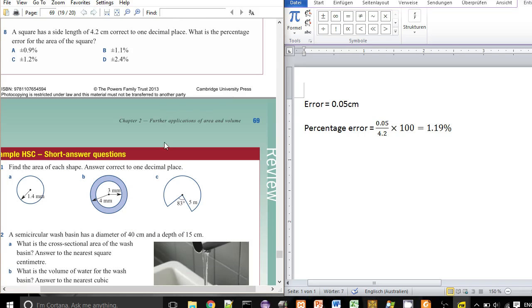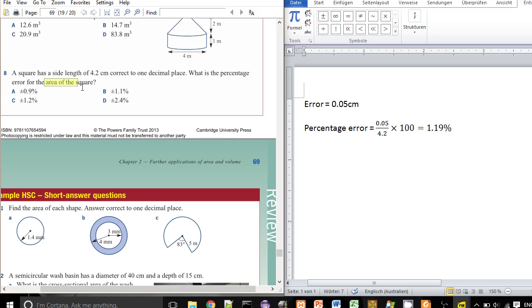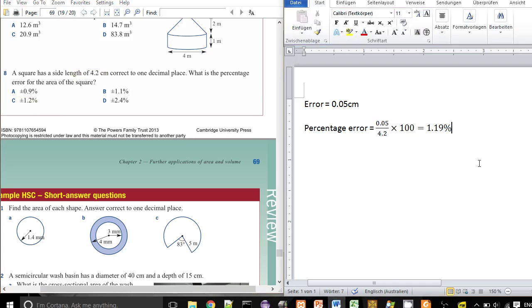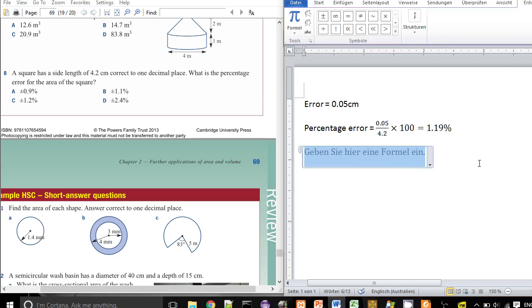Yep, that's it. Oh, for the area. Hang on, I think they're trying to trick me. Oh, that's, I don't even know. Okay, sorry, that's the percentage error for the length of the square. I have to think. For area, I don't know what they actually want you to do. Because that's weird. If you square it, it's more complicated.